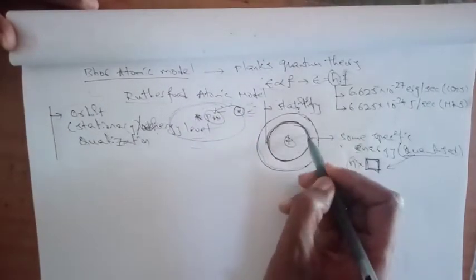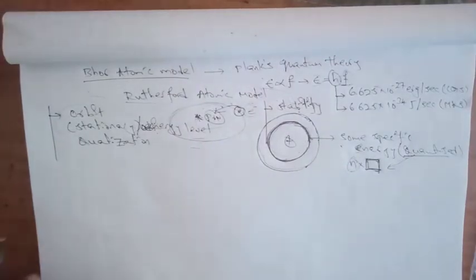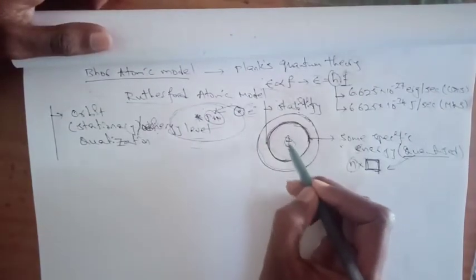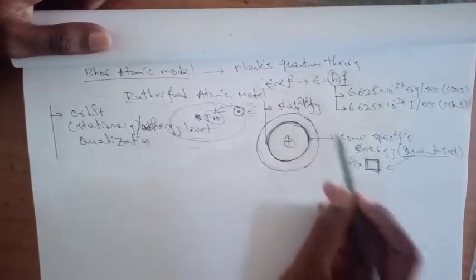Why? Because they possess some specific energy, and the atom may consist of a number of orbits around the nucleus.